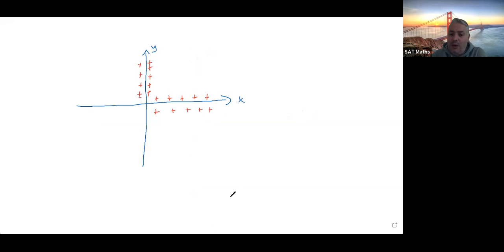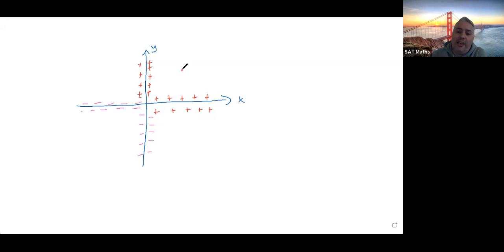Now, X values in the second quadrant are negative. In the third quadrant, negative. Y values in the third quadrant are negative. Even in the fourth quadrant, negative. Is this okay? Where is positive, where is negative?